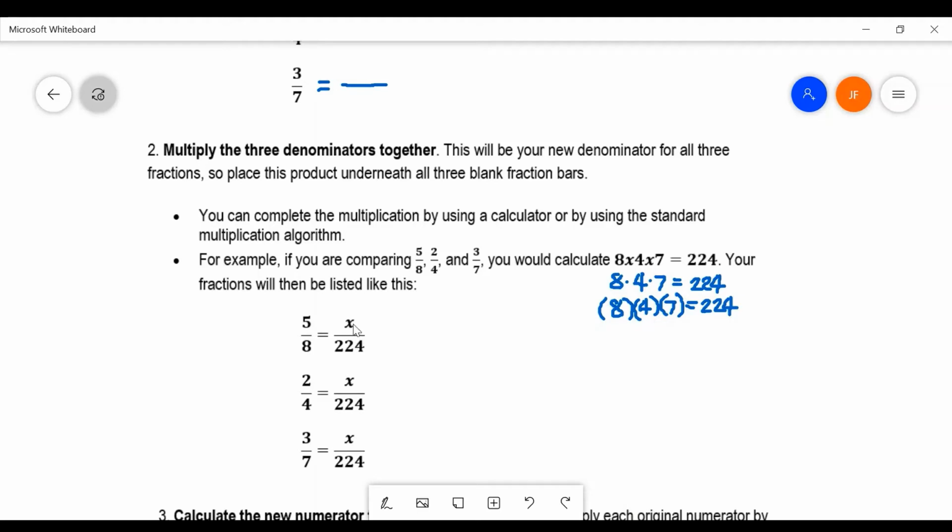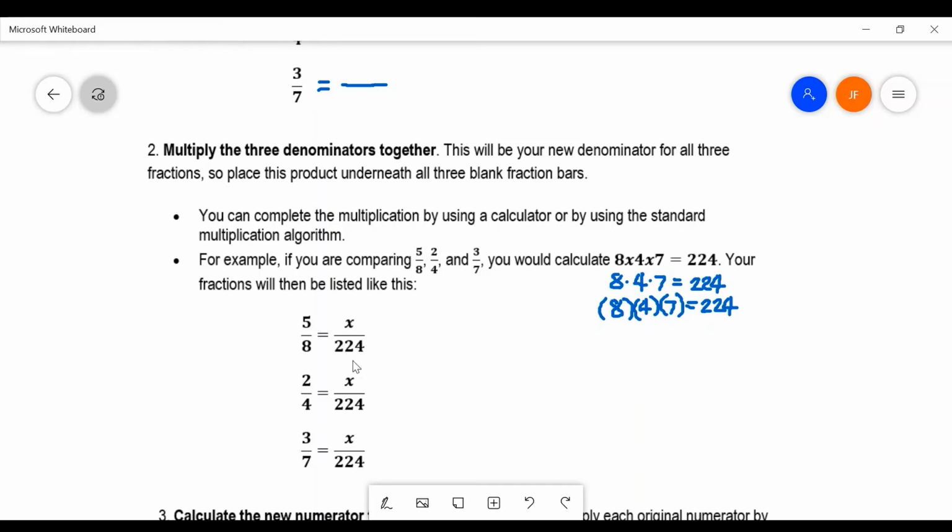So that's why the symbol or letter x is arbitrarily used to mean a certain number that we are going to find, what we call the unknown. 224 again is the common denominator.